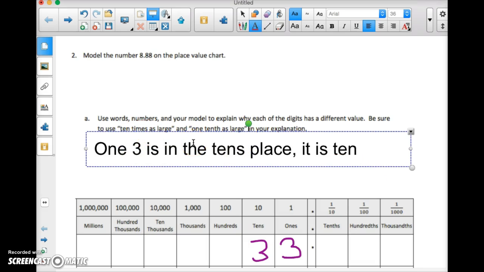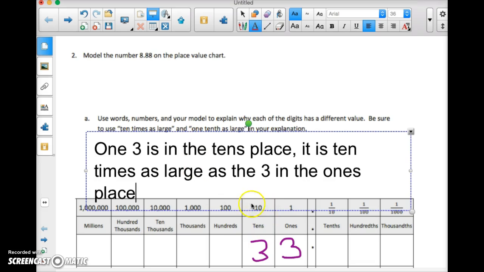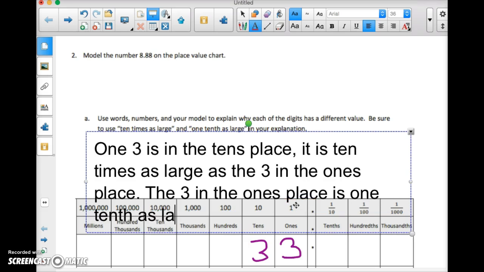It is 10 times as large as the 3 in the ones place, because 10 is 10 times as much as 1, so 3 tens, 30, is 10 times as much as 3 ones. The 3 in the ones place is 1/10 as large as the 3 in the tens.